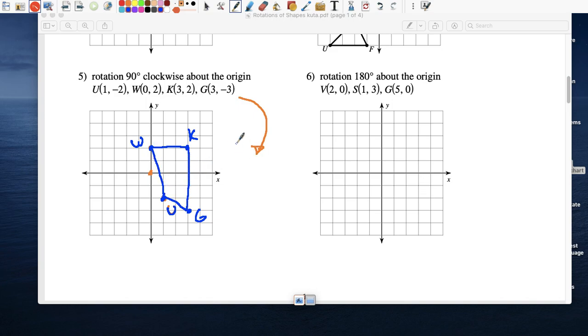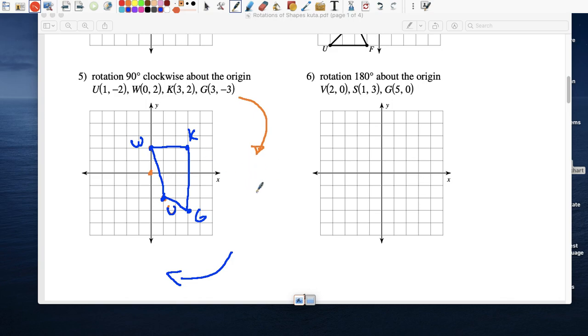Right, and we're going to rotate this shape 90 degrees clockwise. So everybody's going to move over one quadrant that way. So U and G are going to be over here. K is going to go from quadrant 1 to quadrant 2. And W is going to go from the y-axis here to this x-axis here, around here.